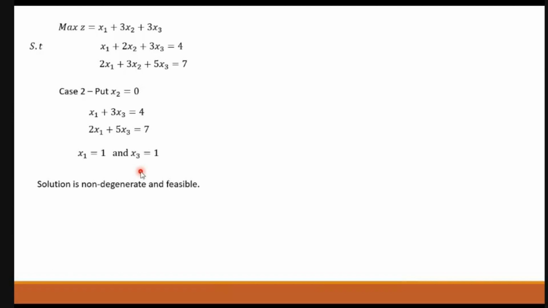Why is it feasible? Because none of the variables has a negative sign. So it is non-degenerate मतलब zero भी नहीं है. Zero है तो degenerate and feasible हो जाता है. अगर it is not zero, then it becomes a non-degenerate and feasible solution. So in the second case, x2 will be a non-basic variable, x1 and x3 will be basic variables.